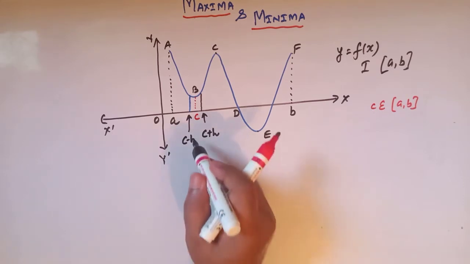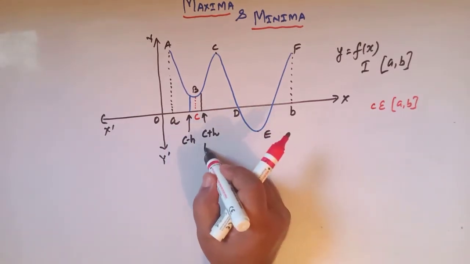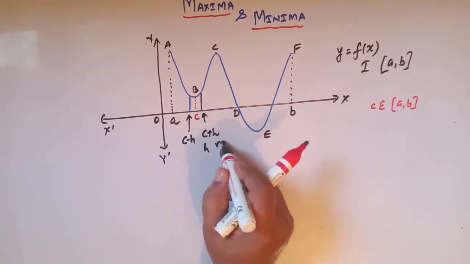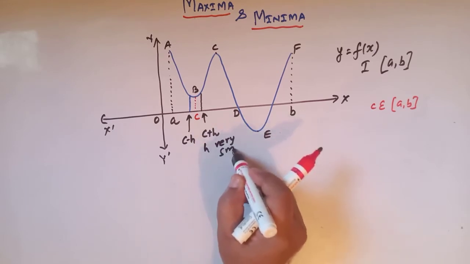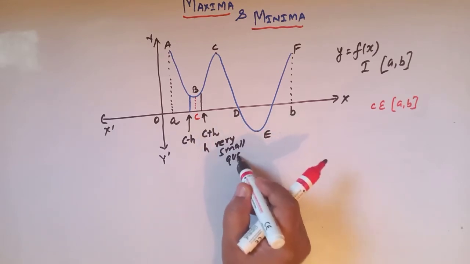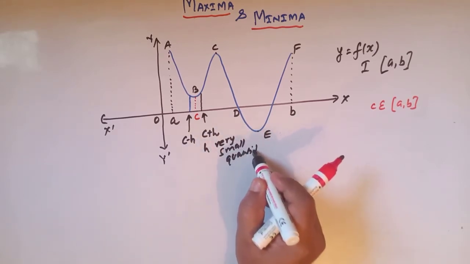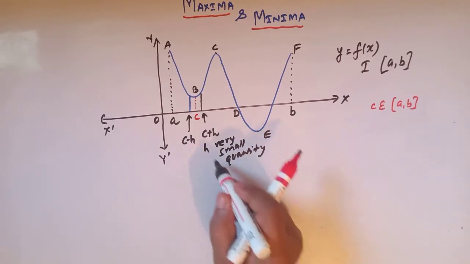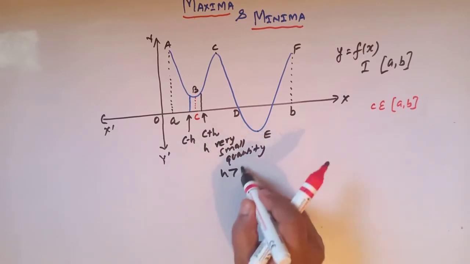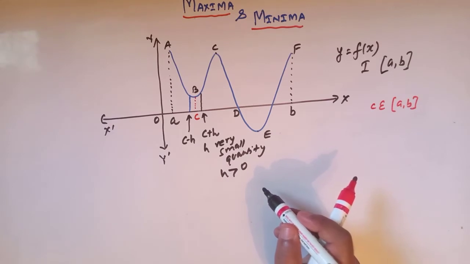Now here H is a very small quantity, and it has its own significance. Moreover, H is greater than 0.